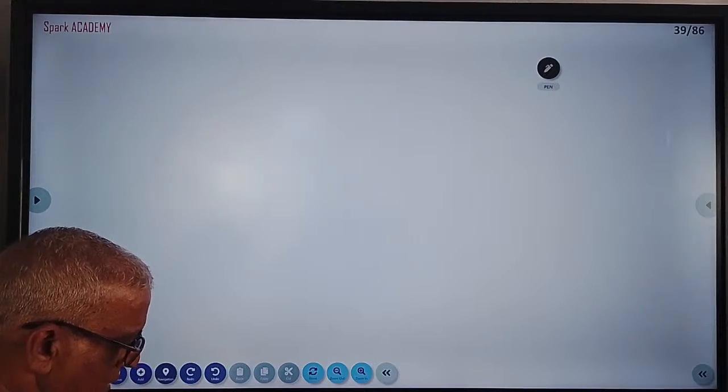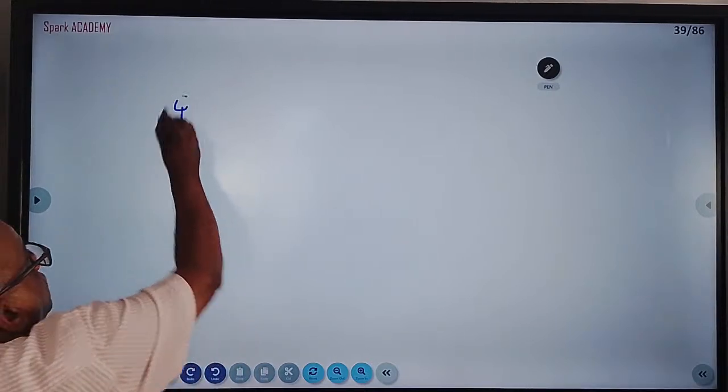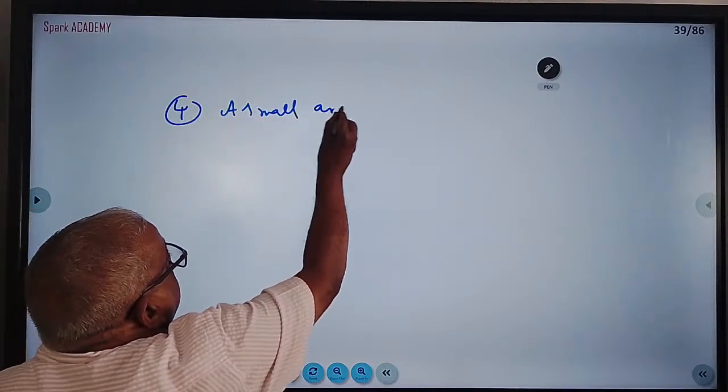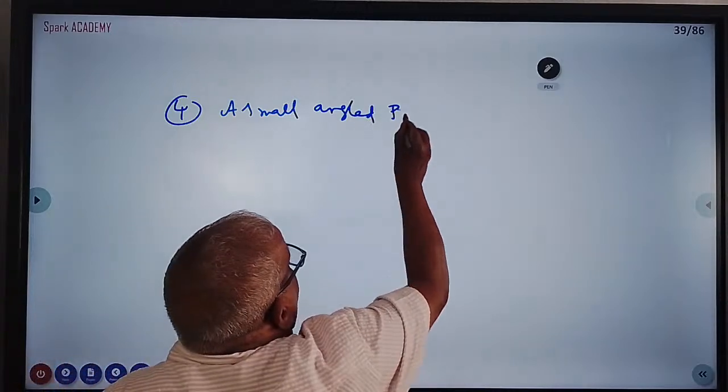Next question is a small angle prism problem.